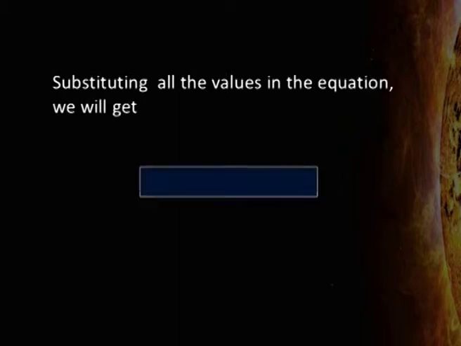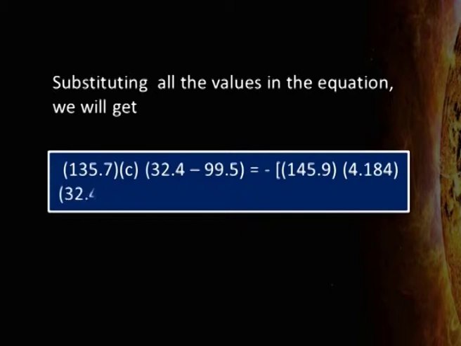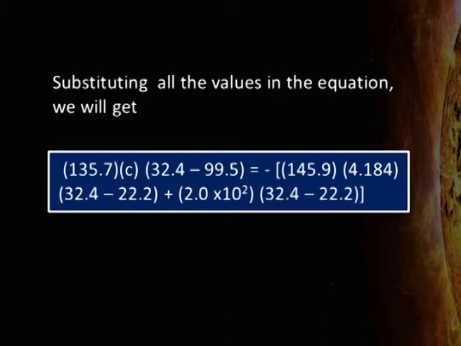So, substituting all the values in the equation, we will get 135.7 grams multiplied by specific heat capacity of the metal multiplied by delta T for the metal, which is (32.4 minus 99.5), equal to minus [145.9 multiplied by 4.184 multiplied by (32.4 minus 22.2) plus 2 into 10 to the power 2 multiplied by (32.4 minus 22.2)].